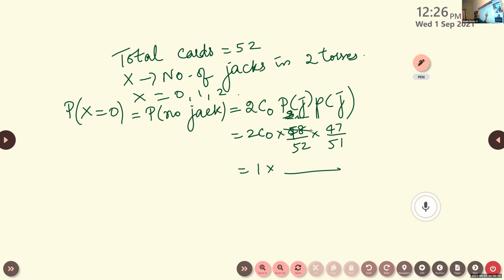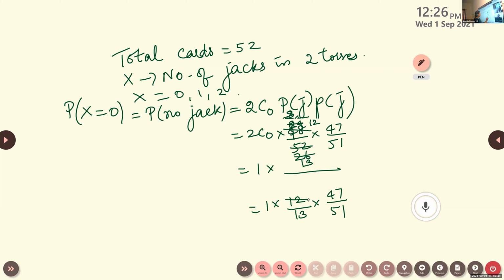I think it is 48. 2 times if you cancel, it is 24 by 26. Again, 12 by 13. So 1 into 12 by 13 into 47 by 51.